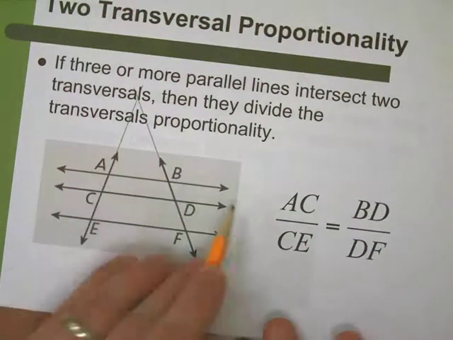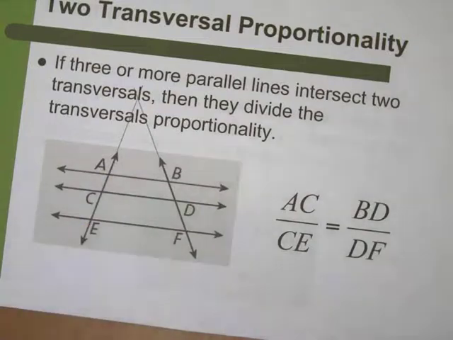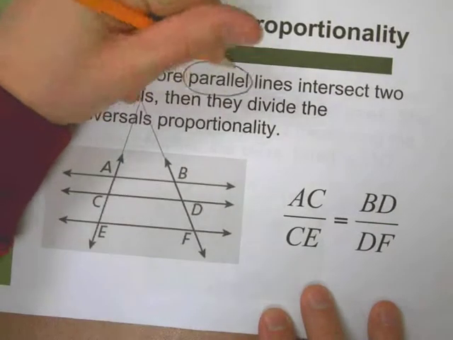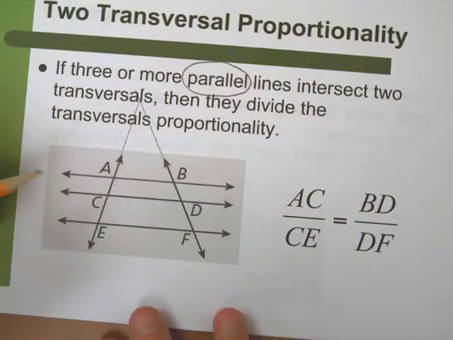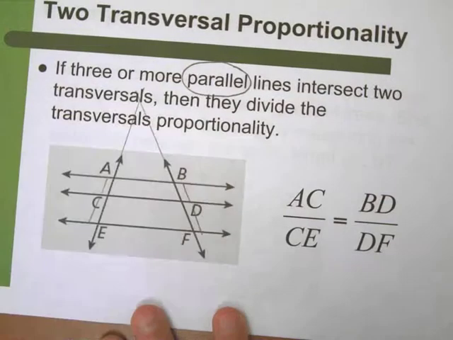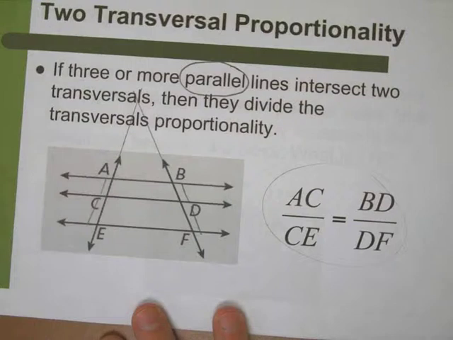If we have some lines set up and these lines intersect these two transversals, then they're going to divide it proportionally as long as we meet this requirement. That's probably the most important word: if they're parallel lines. I can say that AC is to CE as BD is to DF, right? And so I can set up a statement that looks like this.